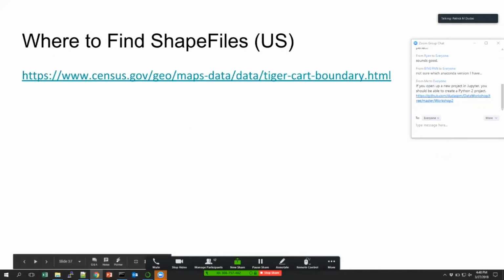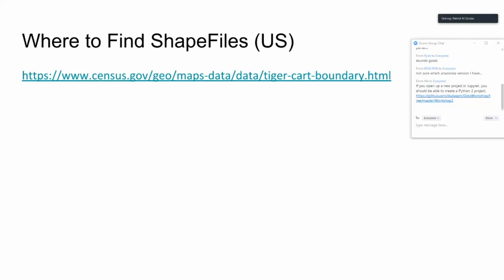For us, the first thing you're going to do is go out and try to find something called a shapefile. One of the questions I got yesterday was, can't I just use something like ArcGIS or QGIS to create a static map? That's very true.